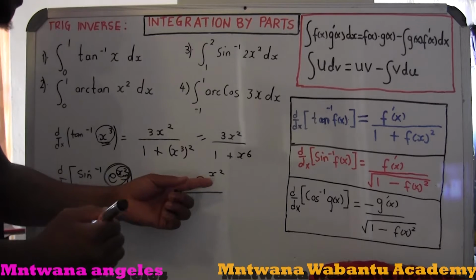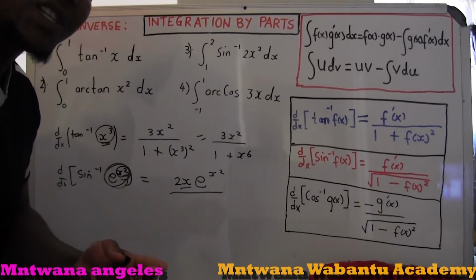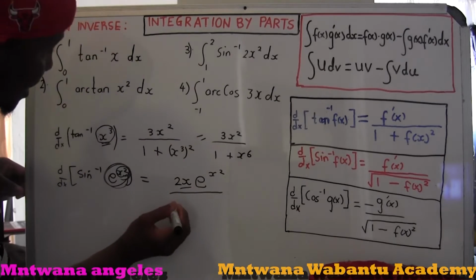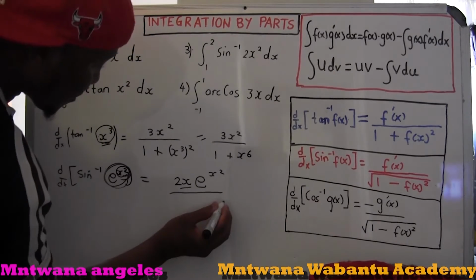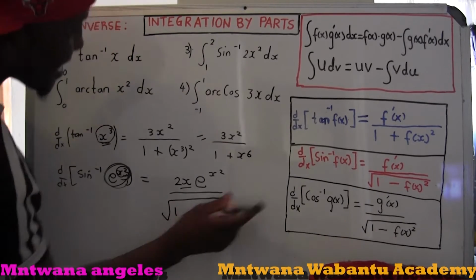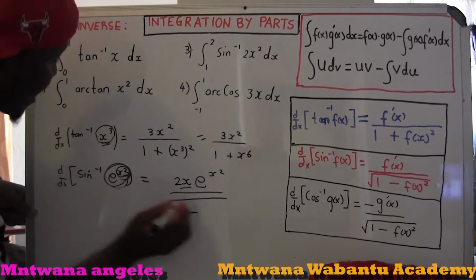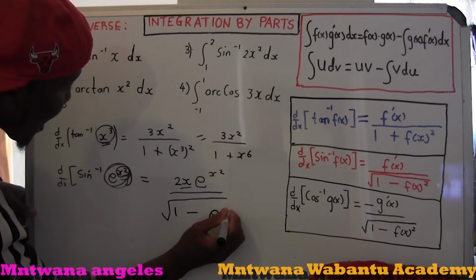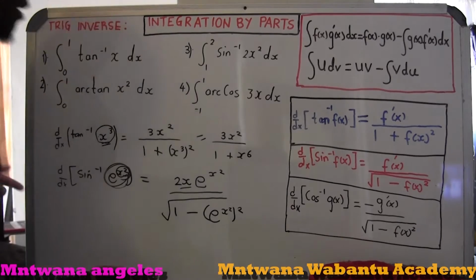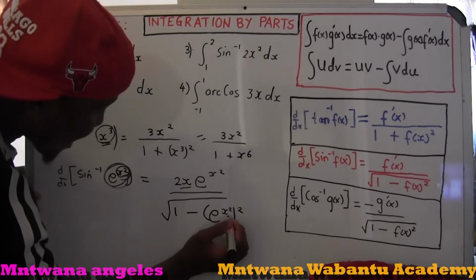If you don't know this part, go to my previous video on differentiation of the exponential function. For sine inverse, the formula is square root of 1 minus the function squared. Our function is e to the x squared, and you square it, which gives e to the power 4x.